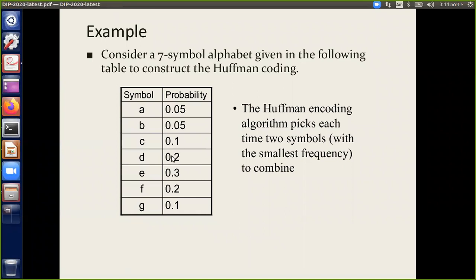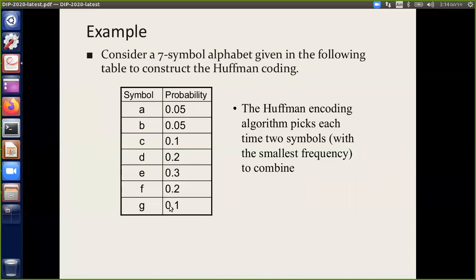In this example, the probabilities of the symbols are already calculated. A is occurring 0.05 times, B is occurring 0.05 times, C is occurring 0.1 times, D is occurring 0.2, and so on. From that textual data, we obtained 7 symbols with their probabilities. Now we want to construct the Huffman tree using the Huffman algorithm.